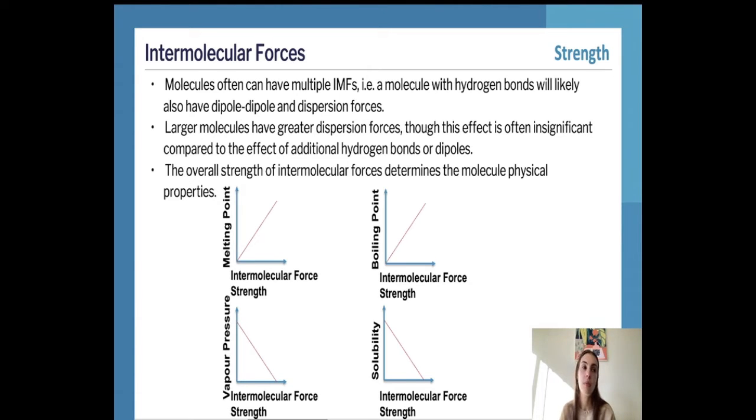And non-polar solvents, such as our alkanes, will only dissolve non-polar solutes as well. When we consider solubility, we're specifically considering solubility in water. So water being polar, the stronger the intermolecular forces become, the more soluble our molecules are going to be.